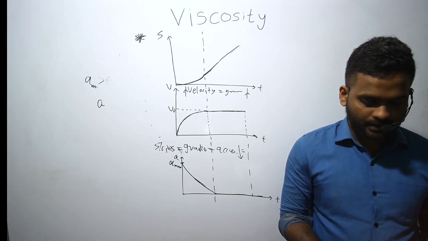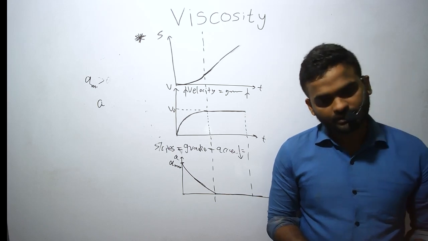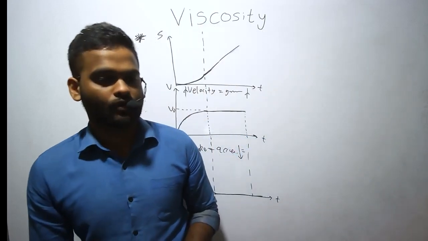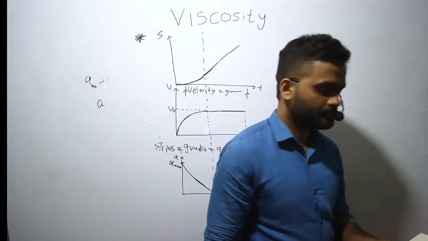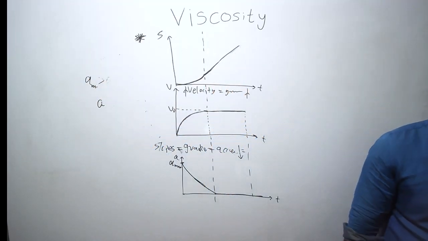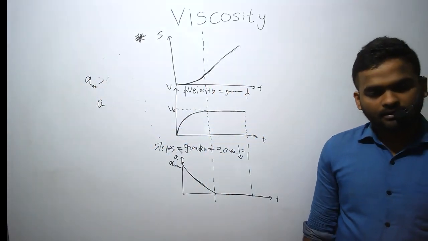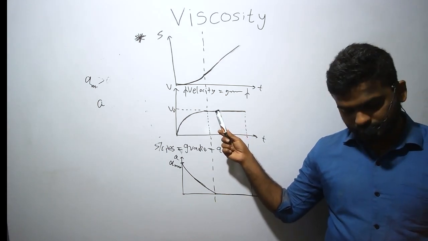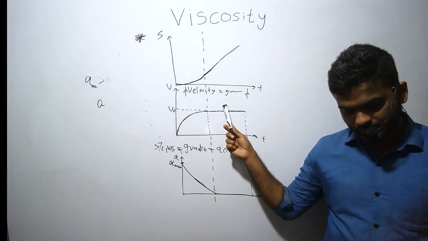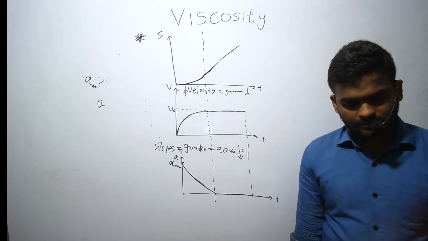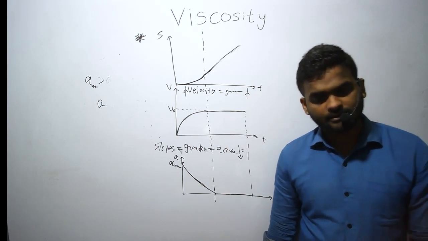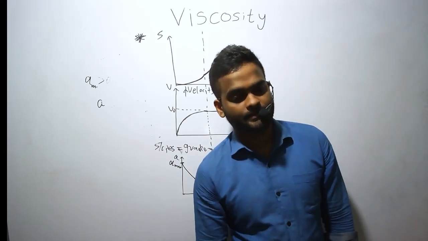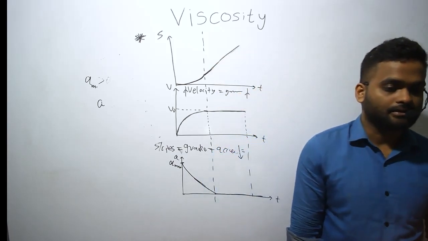After reaching V naught, graph gets horizontal.